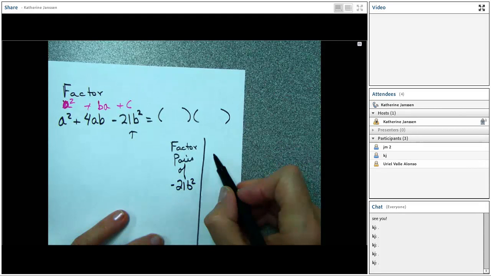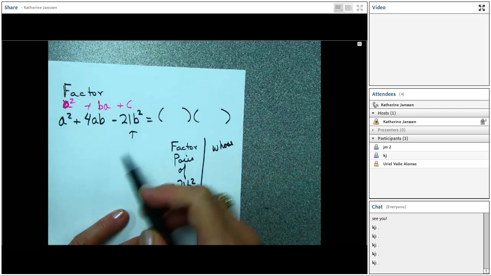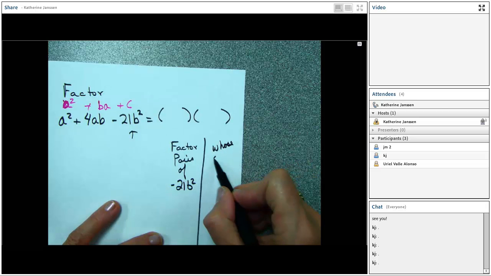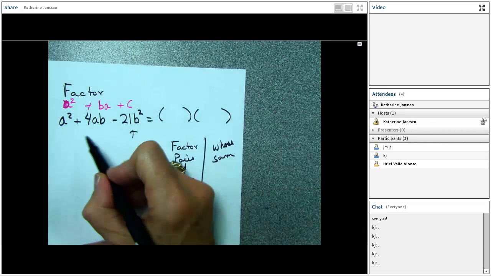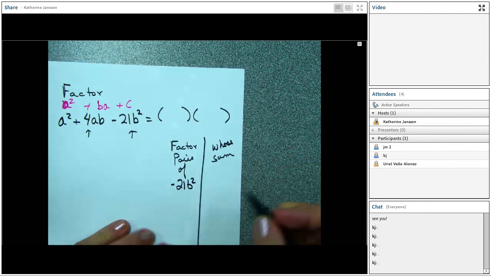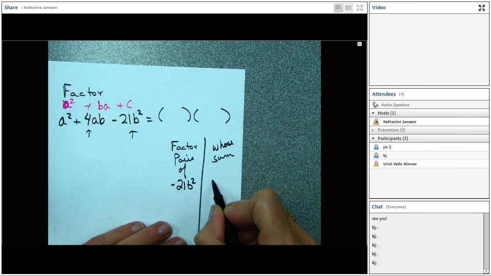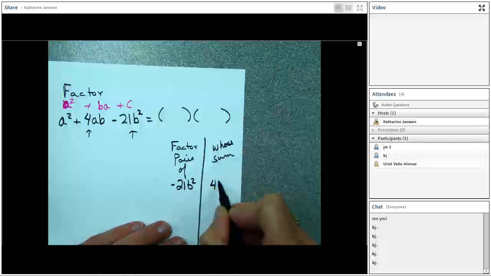We're looking for factor pairs of a negative 21b squared whose sum is the coefficient of the middle term, which is going to be 4b.